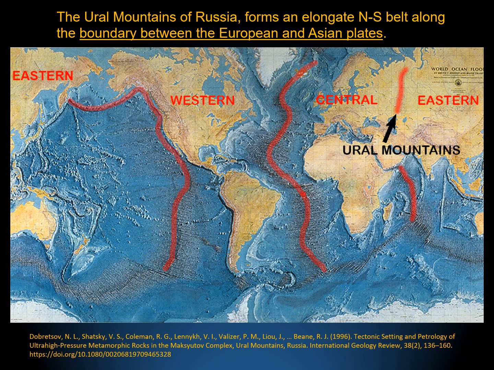We can see here that the eastern half of the previous map is divided into central and eastern. And the division between central and eastern is the Ural Mountains, which will be discussed in the next few slides.